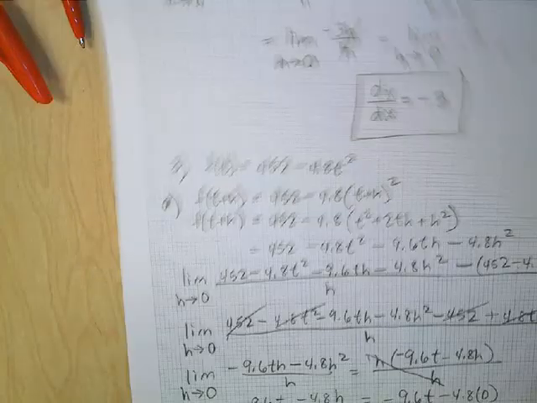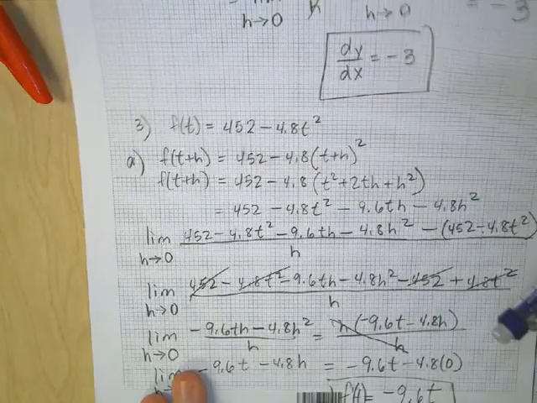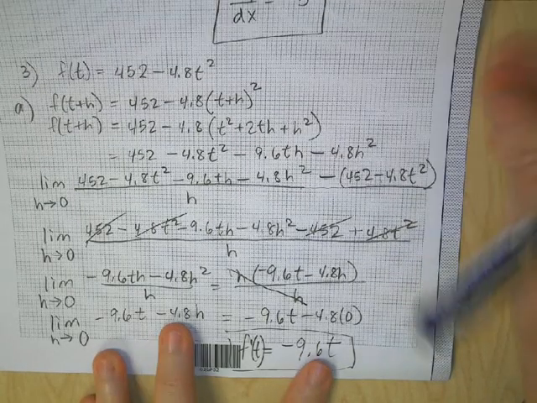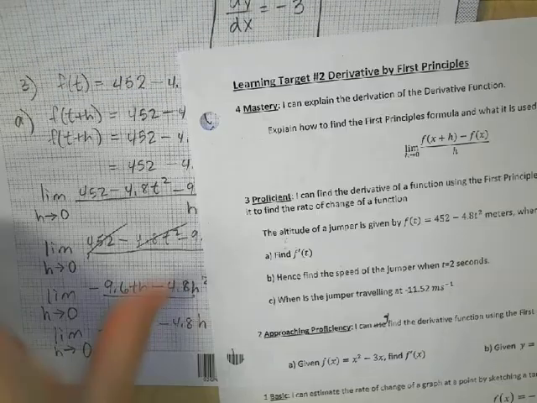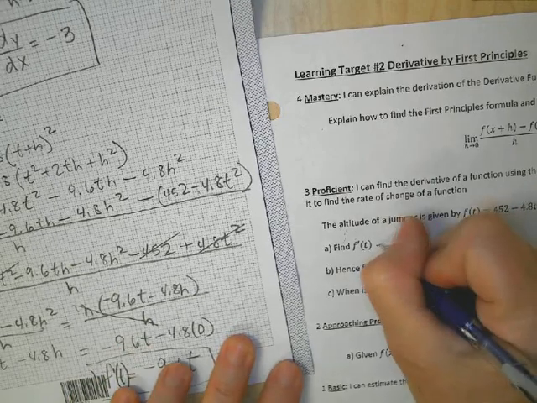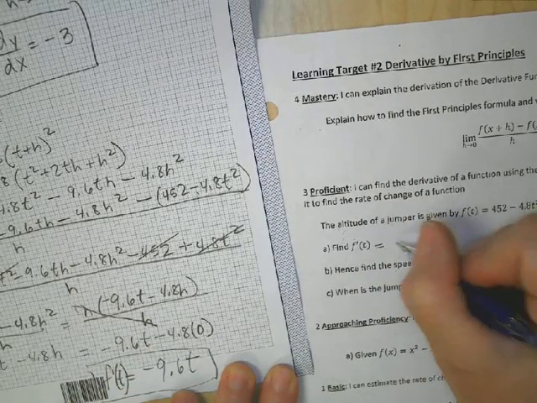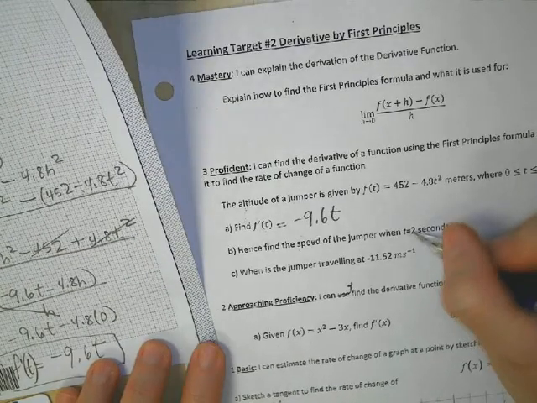So B, hence find the speed of the jumper when t equals 2. Oh, I don't need much room for that. I'm going to just go ahead and do it back on here. Now that I have my derivative, f prime of t is equal to negative 9.6t. So all I have to do is plug in 2 for the t.